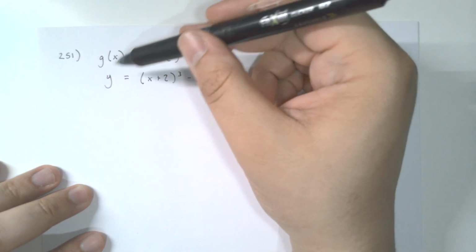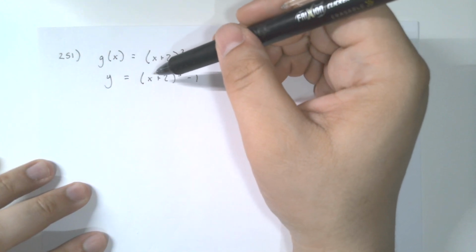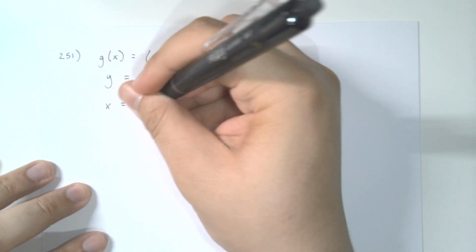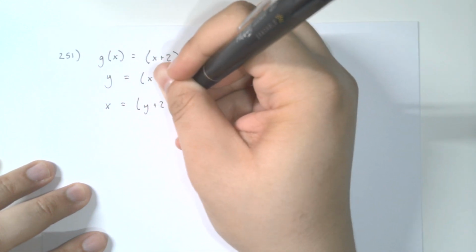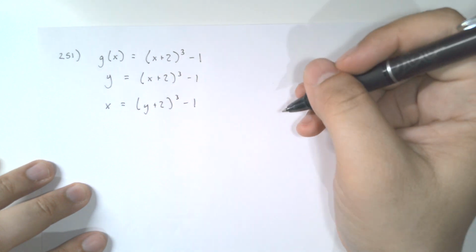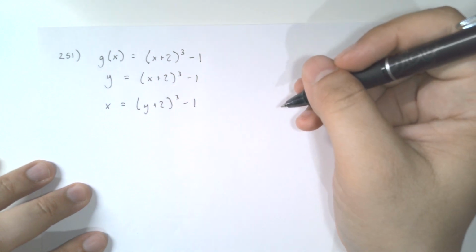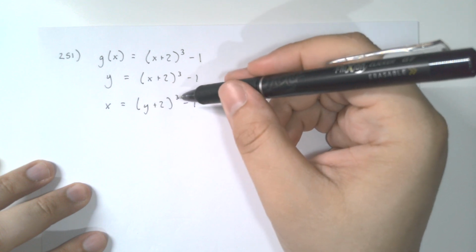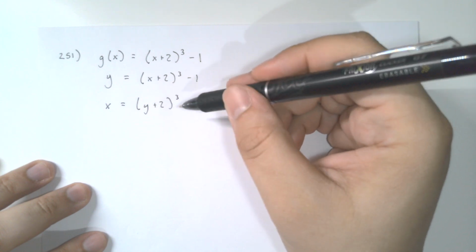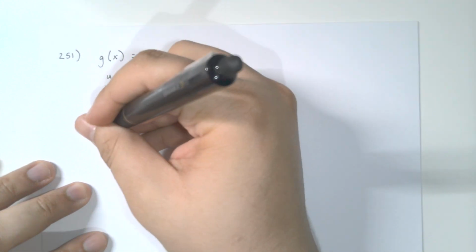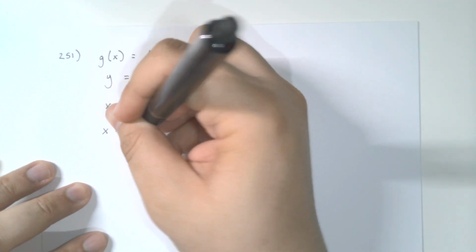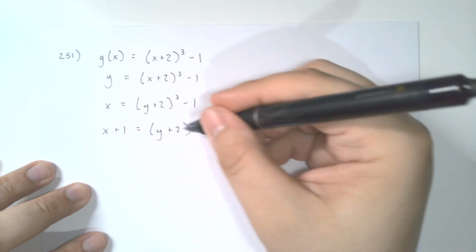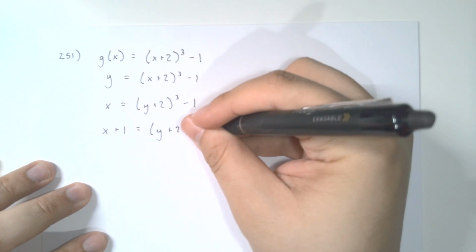So just switch out the g of x for a y, and now we're going to switch x and y. We have x is equal to y plus 2 cubed minus 1. And now we just want to solve for y. So before we can undo the cube there, we have to get it by itself. So we're going to add 1 to both sides. So we have x plus 1 is equal to y plus 2 cubed.